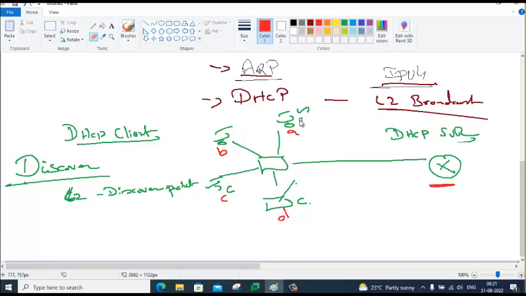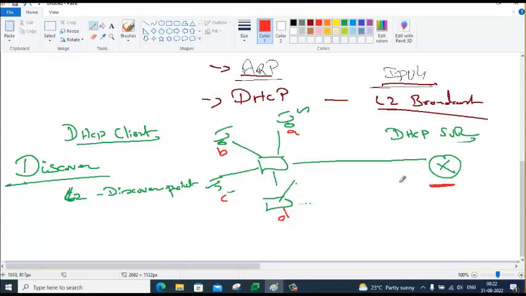It goes even to the other clients. But they're not going to respond because the discover packet is looking for a DHCP server. And in the payload, it will be very clearly mentioned. So only those devices that are already configured as a DHCP server can process it and respond to it.